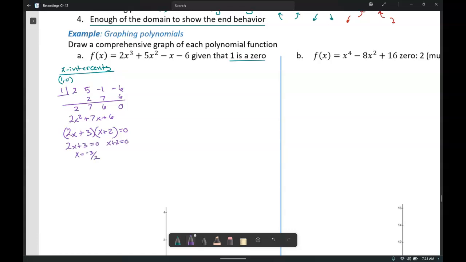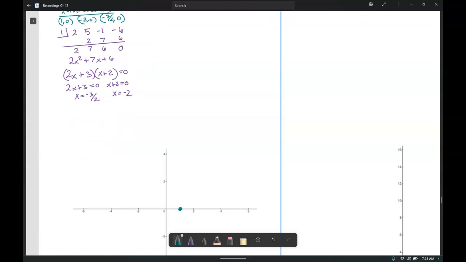We solve. And now we have our last two x-intercepts: (-2, 0) and -3 halves, which is exactly -1.5. So we have -2, and if here's -1, we've got another x-intercept at -1.5, so right here.